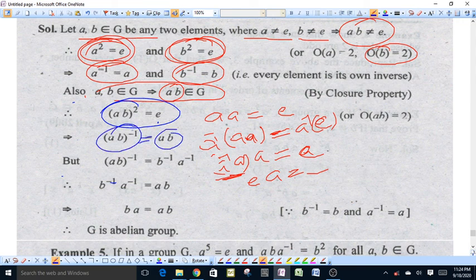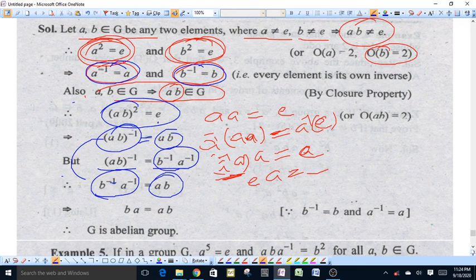But (ab) inverse, by using the reversal law, is equal to b inverse a inverse. Putting in this, b inverse a inverse is equal to ab. But b inverse is equal to b and a inverse is equal to a. This means ba is equal to ab. This is a commutative law. That means G is an abelian group.